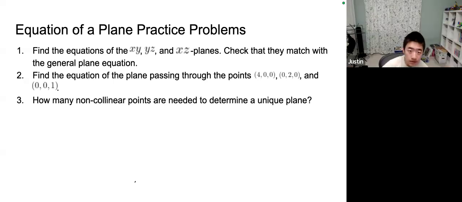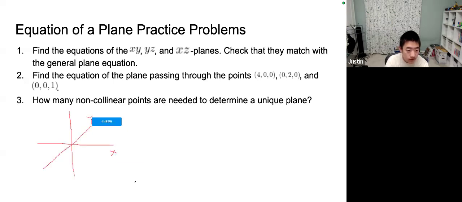Okay, so how many non-collinear points are needed to determine a unique plane? Let's draw the 3D plane here. X, Y, Z. First, let's see if 1 point works.